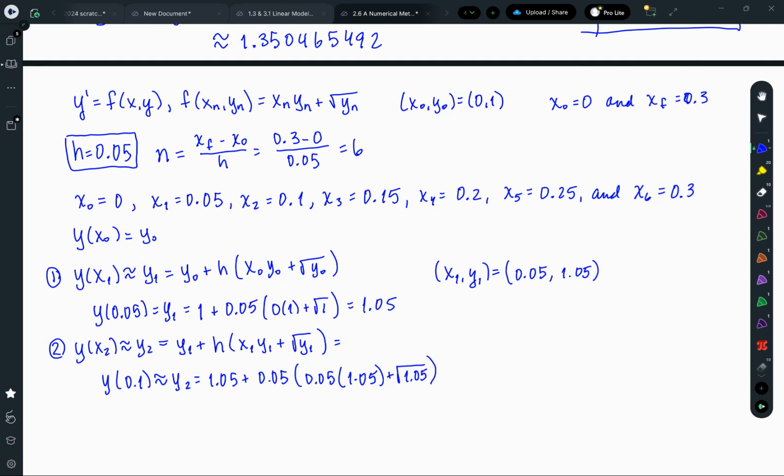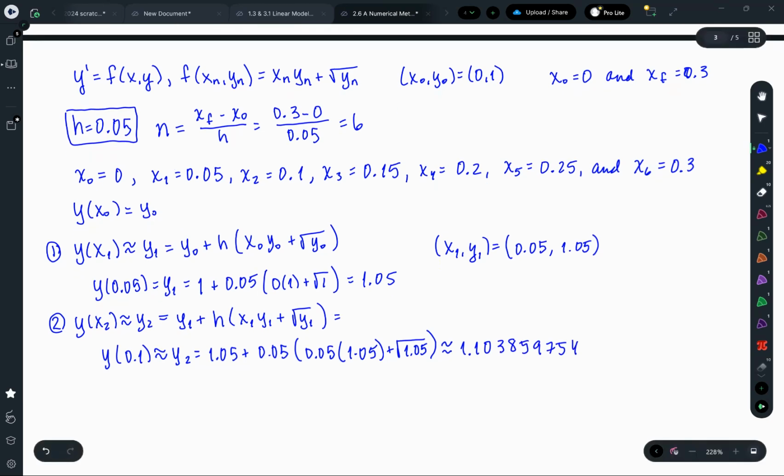Plug that into my calculator, and this is approximately 1.103859754. Okay, that's a long number, I should say.